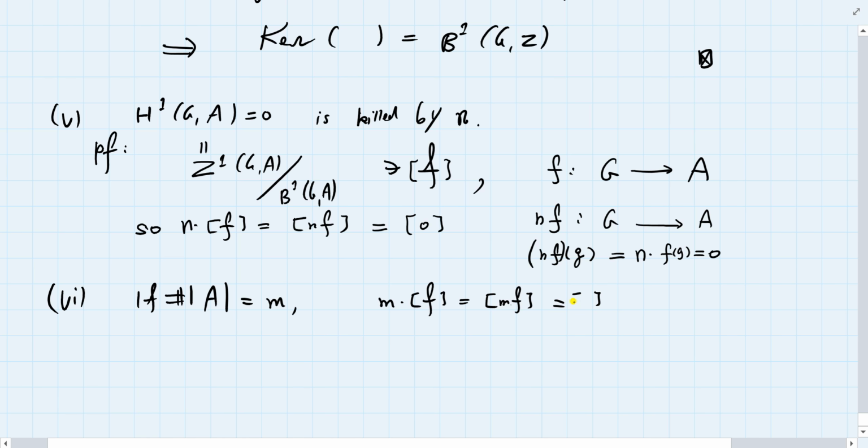So for this one, it's the story we just told, because A is of order M, so acting M times, for sure it's killed, but why is N killing?